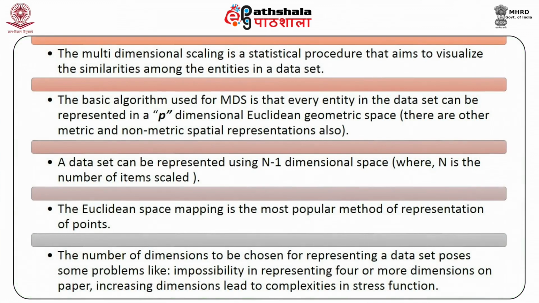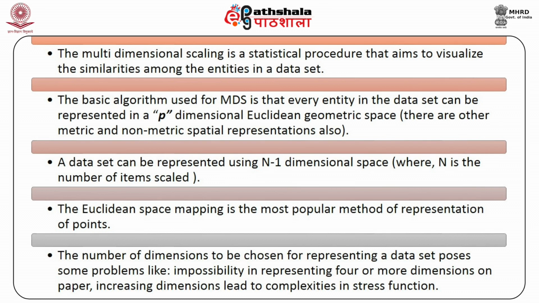The spatial representation of MDS. The multidimensional scaling is a statistical procedure that aims to visualize the similarities among the entities in a dataset. The basic algorithm used for MDS is that every entity in the dataset can be represented in a p-dimensional Euclidean geometric space. There are other metric and non-metric spatial representations also, but we will concentrate on Euclidean space only.